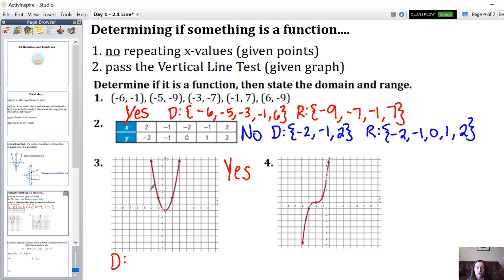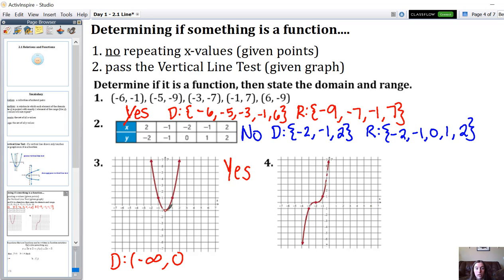So going from left to right, since it's our domain, again, the domain is the x values, that's your left to right pattern. So from the left to the right, we have this arrow going to the left. That means that it's going to the left forever and ever, so we're starting at -infinity. Then from the left, we're going to go until we hit that hole. That hole is at the x value of 0, so I'm going to go to 0.